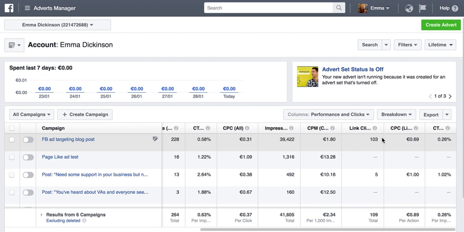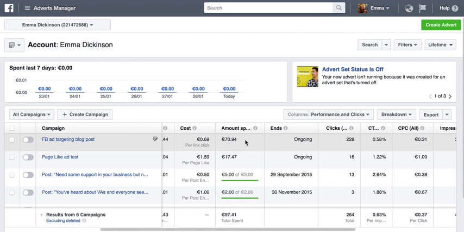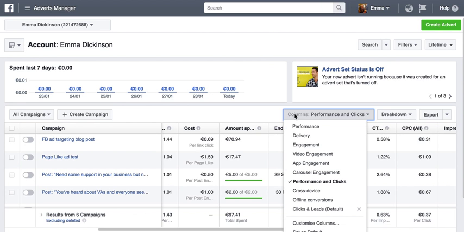So that's the main stuff that you need to look at. Remember again, if you're not seeing all of these columns, come up to here and click on performance, click on columns, whatever it says here, and then you can choose from the menu. If you've got a video that you're looking at, you might want to change it to video engagement, and you'll see a lot of stats like how many people viewed 50% of the video, how many people viewed the whole thing, and all that kind of thing.